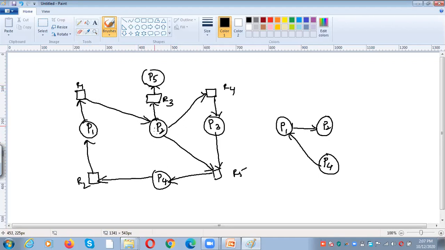P2 is waiting for R3, but R3 is assigned to P5. That means indirectly P2 is waiting for P5. And then P2 is waiting for R4 and R4 is assigned to P3. That means P2 is indirectly waiting for P3 also.